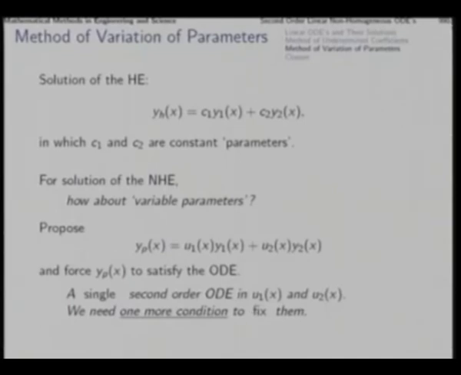At this stage we need one more condition between u1 and u2, apart from the condition that together they have to make yp satisfy the differential equation. We try to frame that additional condition in such a manner that our work is also reduced, made easier.